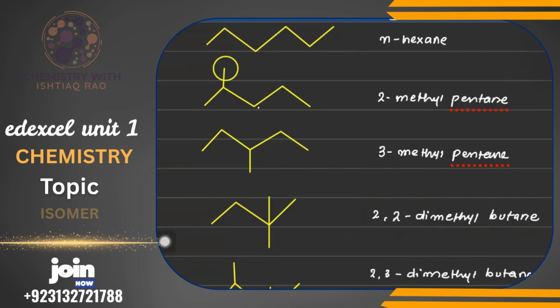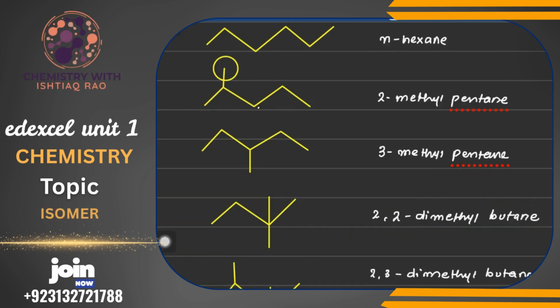Before doing structural isomers, you must know the IUPAC nomenclature of the compound. Otherwise, you will not be able to draw all the possible structures. It's mandatory to know the IUPAC name of the compound.